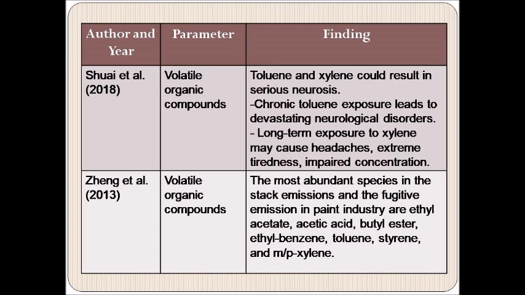Long-term exposure to xylene may cause headache, extreme tiredness, and impact concentration. The most abundant species in the stack emission and the fugitive emission in the paint industry are ethyl acetate, acetic acid, butyl ester, ethyl benzene, toluene, styrene, and ampicillin.